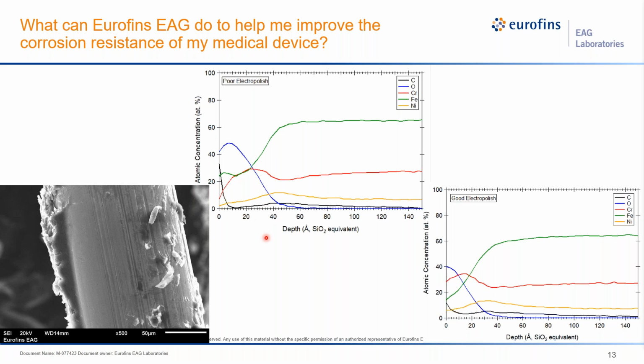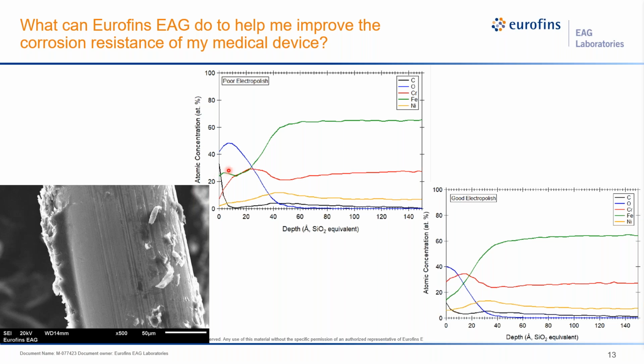So the takeaway from this graph is, here you have the x-axis is the depth and the y-axis is atomic concentration. Here you can see that iron is fairly high on the surface and it's above the chromium.